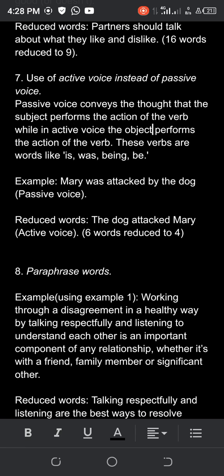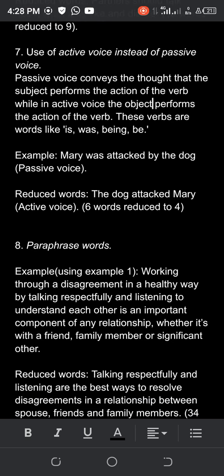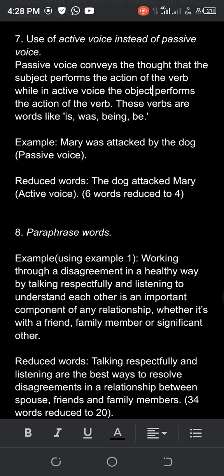The subject is actually what is performing the action. You can see it in the active version: "The dog attacked Mary."